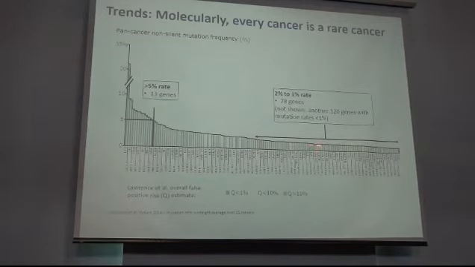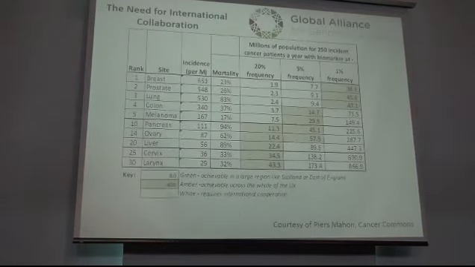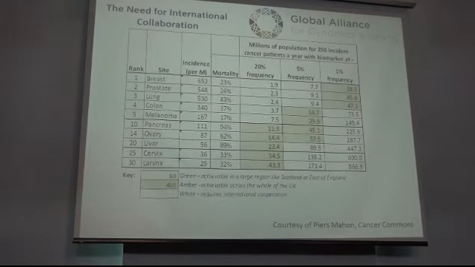And this is the tail. These are common genes, but actually they're very uncommon in cancer because every cancer has a different mutation. So why is that important? If I wanted, for example, to collect 250 new cases of a cancer each year for a clinical study, because 250 isn't a big study, you can do the maths and ask how many patients in a population I will need to accrue 250 new cases.